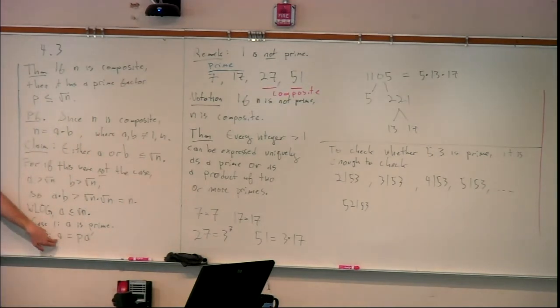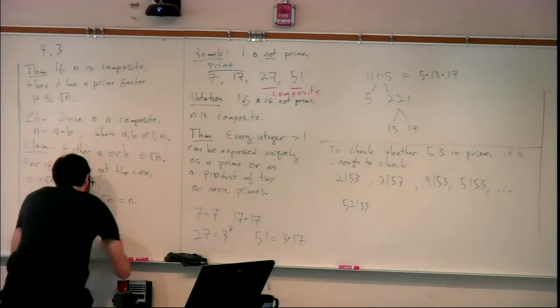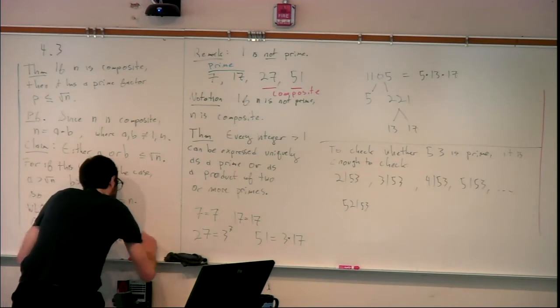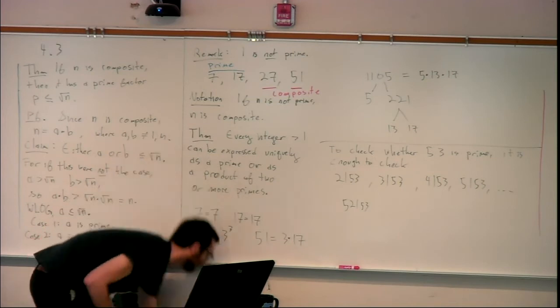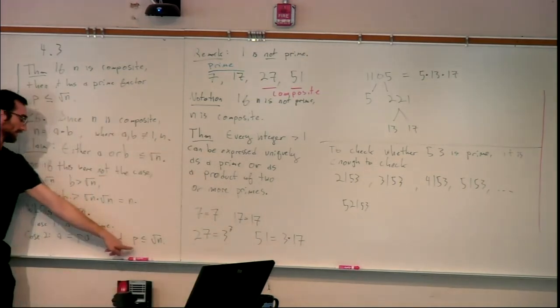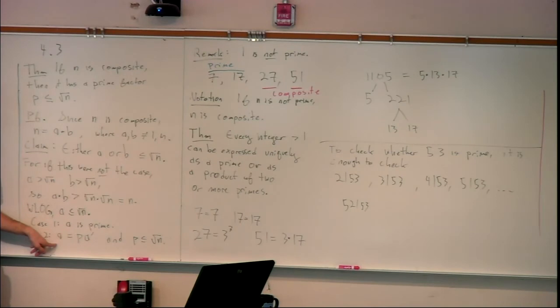If a is composite, that means there's some non-trivial prime which divides a, by our divisibility theorem, or the fundamental theorem of arithmetic, that every number can be uniquely factored into primes. And p is less than or equal to the square root of n, because p is smaller than a, and a is less than or equal to the square root of n.